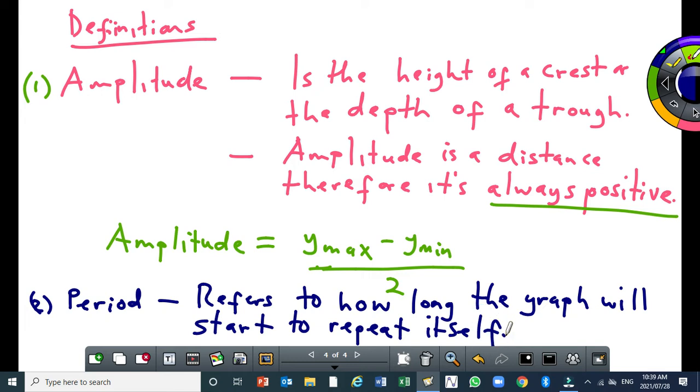Unfortunately, in this grade, your period for any sine graph will always be 360. So period refers to how long it takes for the graph to start repeating itself. And I've explained that part.